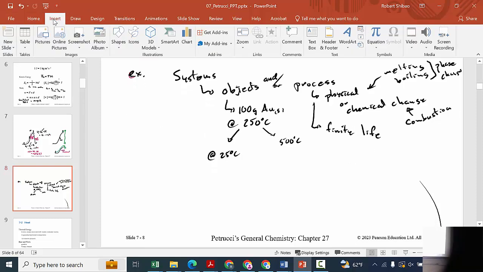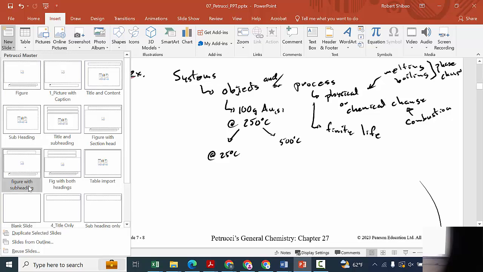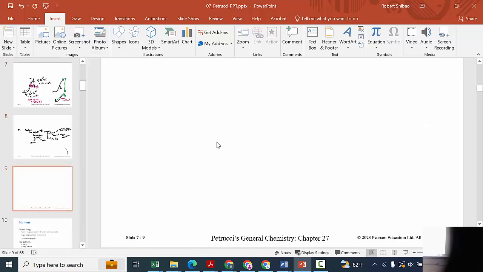Let's look at another example of this, the gold bar. If we melt the gold bar, that would be a physical process, the process of melting. So we're going to take a look at this here.